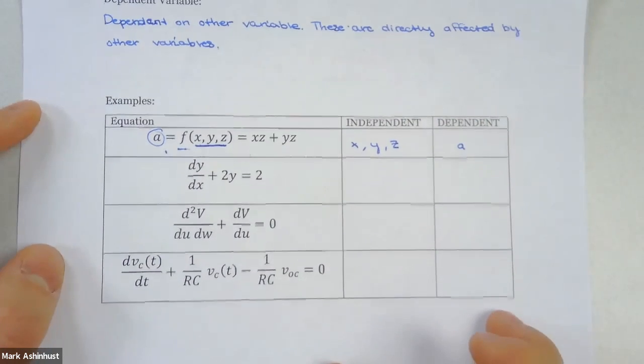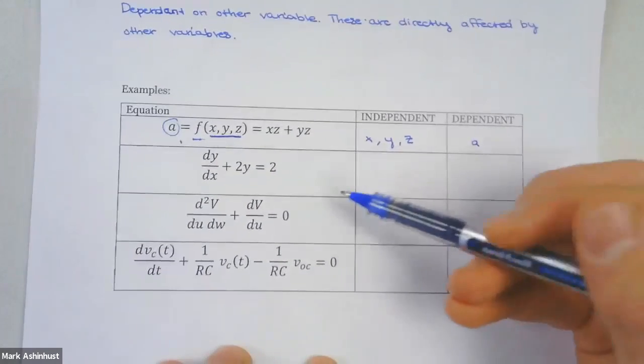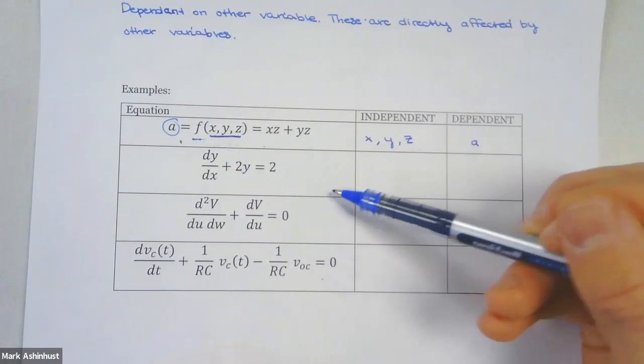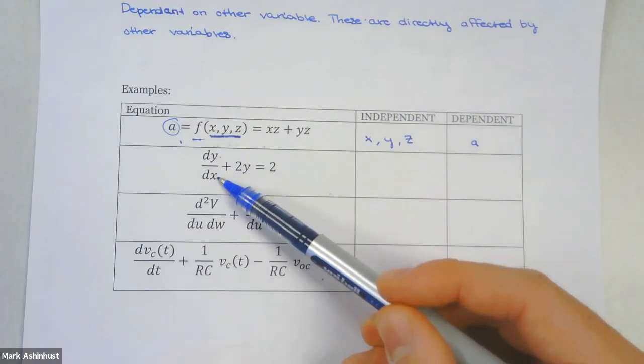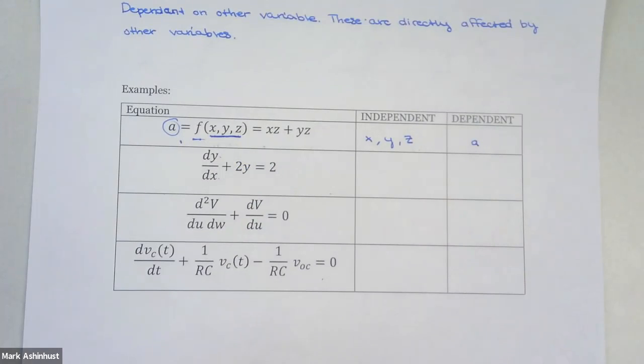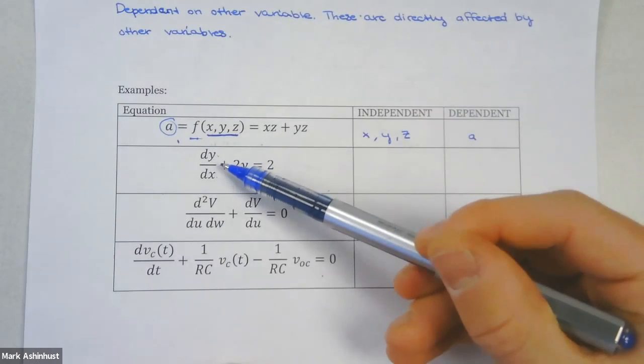Now following that, we can go to our next one. And these next three are similar when we look at like dy over dx. And the best way to think about this is what we are deriving with respect to. So that's usually what I think of when I'm thinking of between independent and dependent, is what am I deriving with respect to?